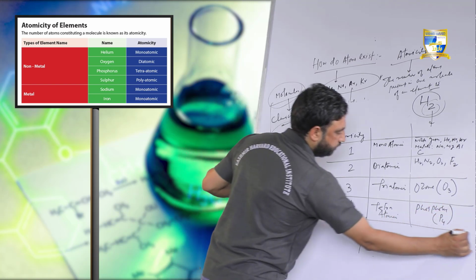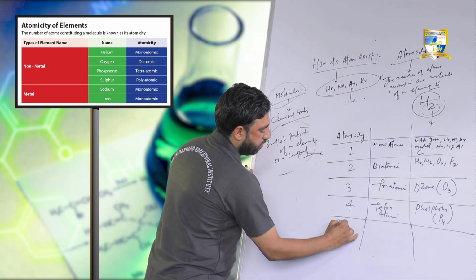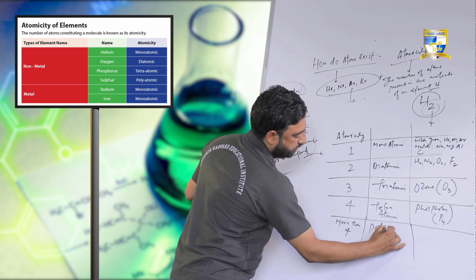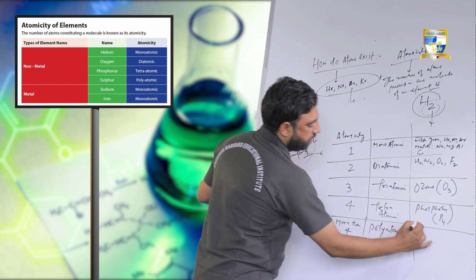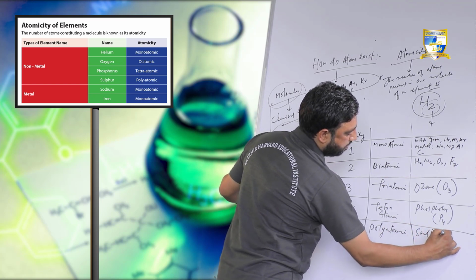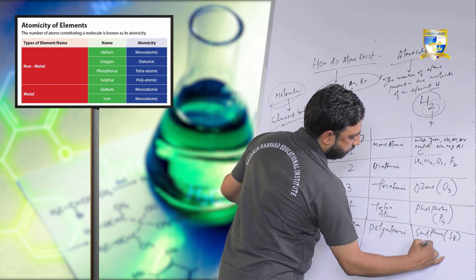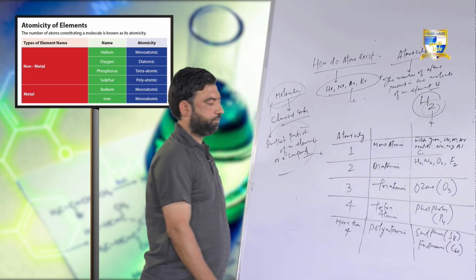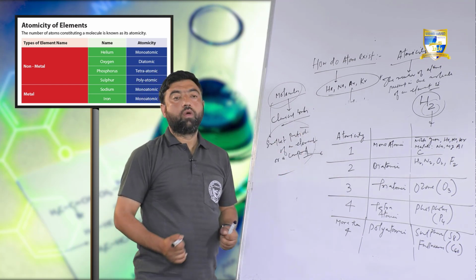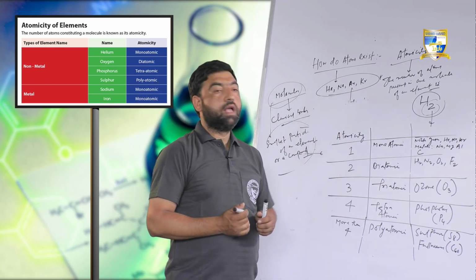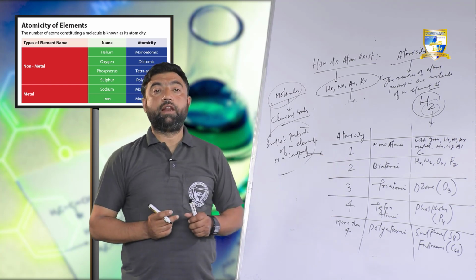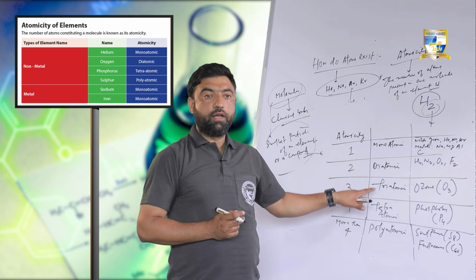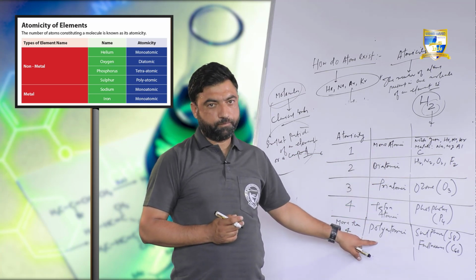Then we have more than 4 atoms, so we call them polyatomic. We have sulfur, S8, and we have fullerenes, C60. So, on the basis of atomicity, elements may be classified as monoatomic, diatomic, triatomic, tetraatomic, and polyatomic.